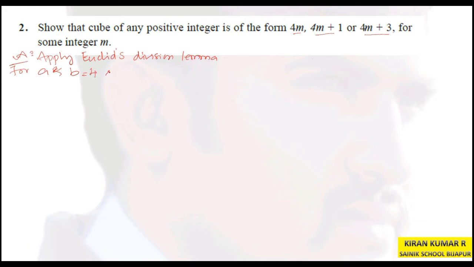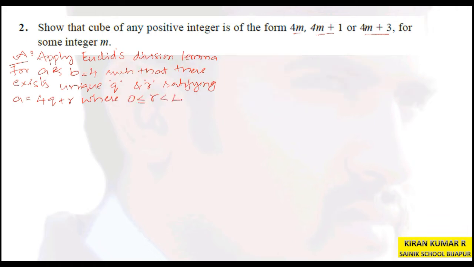Such that there exist unique q and r satisfying a is equal to 4q plus r, where 0 less than or equal to r less than 4. Therefore, the possible values of r will be 0, 1, 2 and 3.